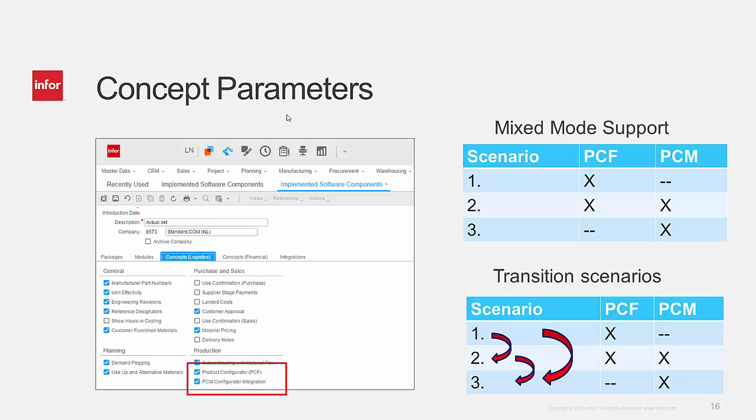The huge drawback of this concept is that the configuration model needs to be maintained in both PCM for item configuration as well as PCF for the generation of a custom structure and custom item codes.